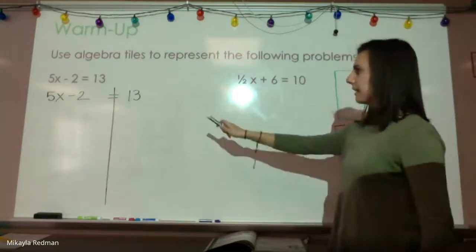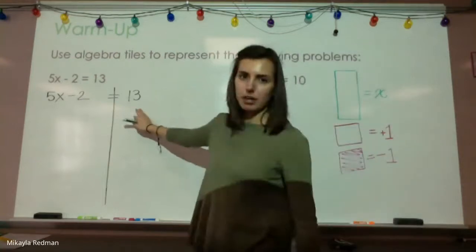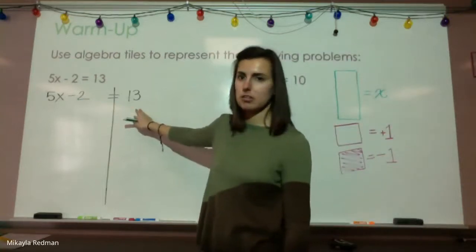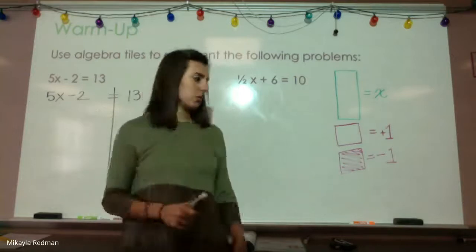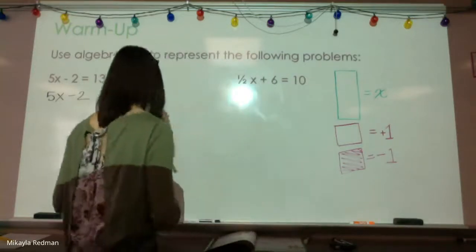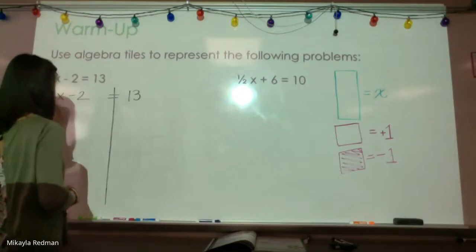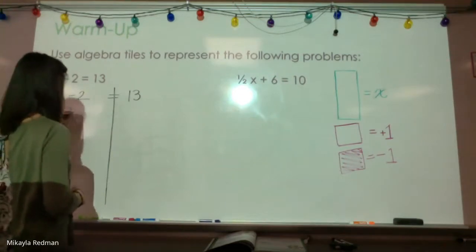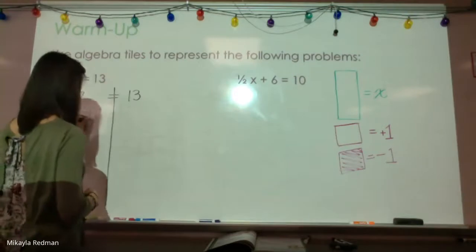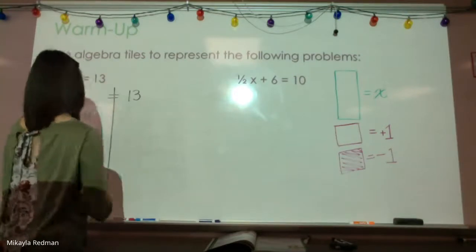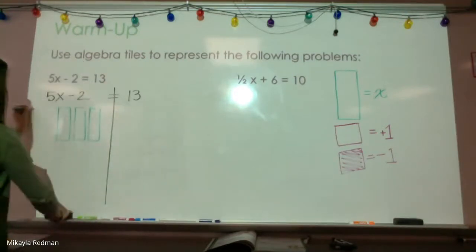Whenever we try to make something cancel, we try to make 0. So let's begin by looking at this equation over here and representing it with algebra tiles. So we have 5x minus 2. That means we have 5 x's, so I'm going to draw 5 bars to represent 5x. Let me squeeze one more in there.